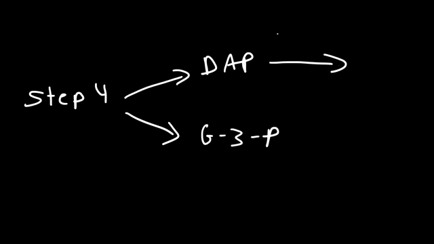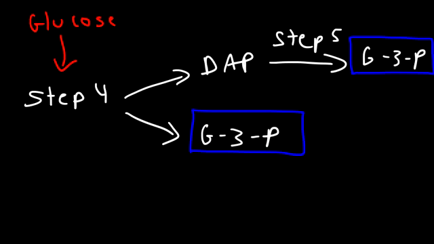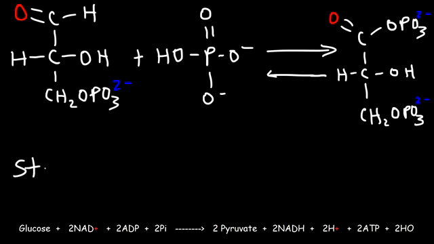Now in step 5, this molecule, dihydroxyacetone phosphate, gets converted to G3P. So if we start from our original glucose molecule, at the end of step 5, we have 2 G3P molecules. So going from step 6 to step 10, we need to double everything since we have 2 of these molecules. Keep that in mind.